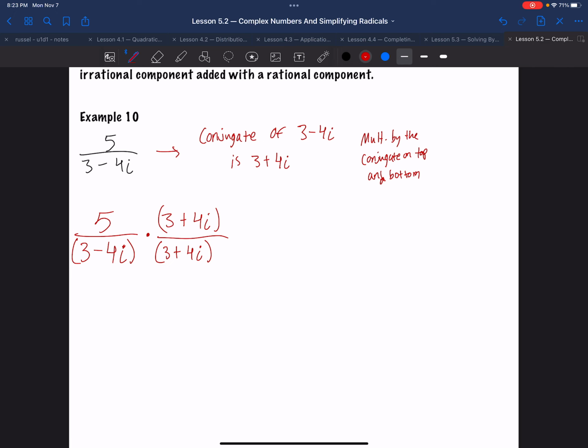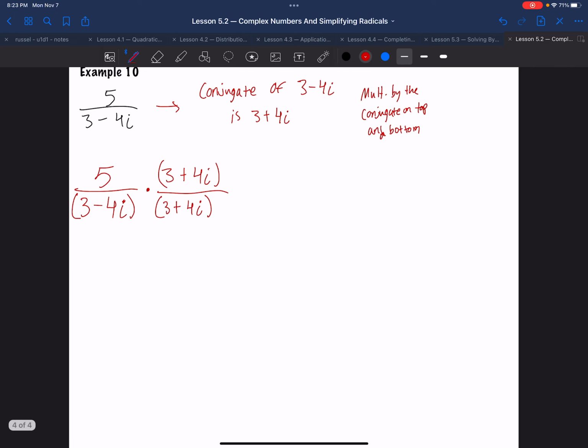Now, when I do this, let's FOIL the bottom. 3 times 3 is 9. 3 times 4i is positive 12i. Negative 4i times 3 is minus 12i. And negative 4i times positive 4i is negative 16i squared.